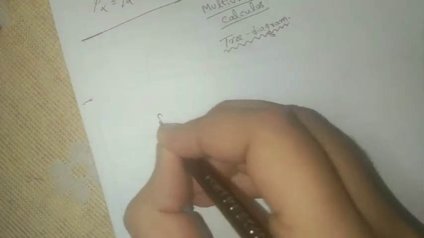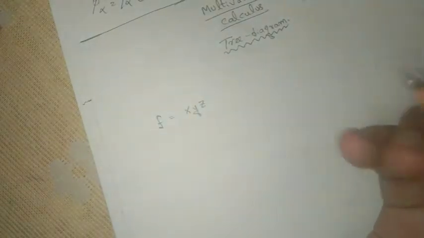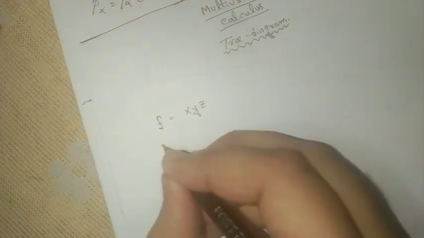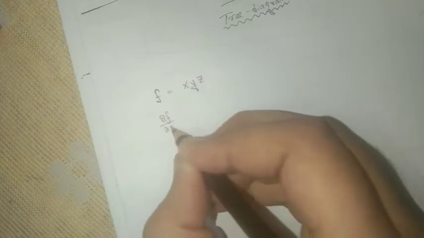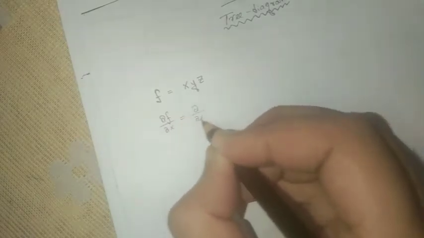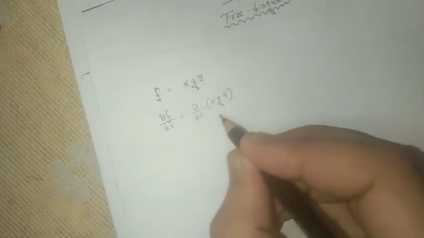Suppose you have a function f equals xyz. Now if I ask what will be the partial derivative of f with respect to x, it will be like this.